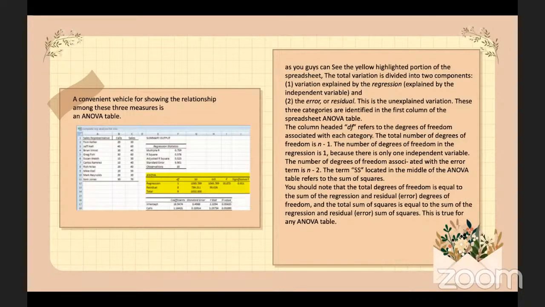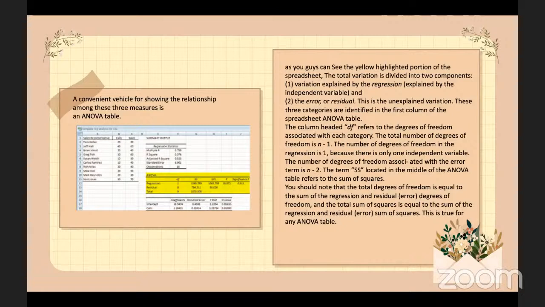As you can see here, the yellow highlighted portion of the spreadsheet is the ANOVA table. The total variation is divided into two components. One is the variation explained by the regression, explained by the independent variable, and two is the error or residual. This is the unexplained variation. These three categories are identified in the first column of the spreadsheet ANOVA table.